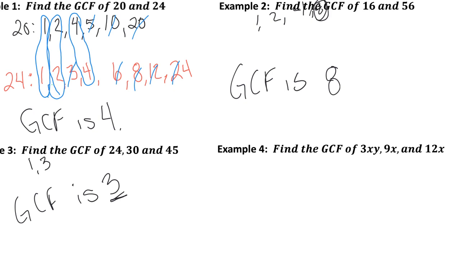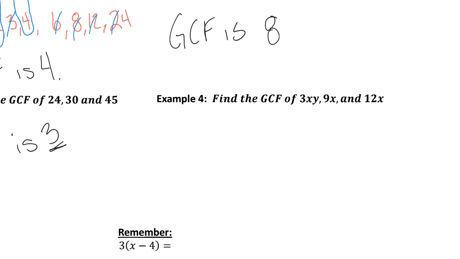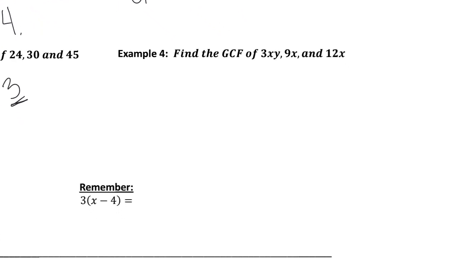Okay, so looking at example 4, we have some things thrown in the mix here. We have some variables, okay? So let's just find the number GCF first. So my number GCF, I would do 3, 9, and 12. Okay, factors of 3, 1 and 3. Factors of 9, 1, 9, and 3. Since it's double, I'm only going to write it once.